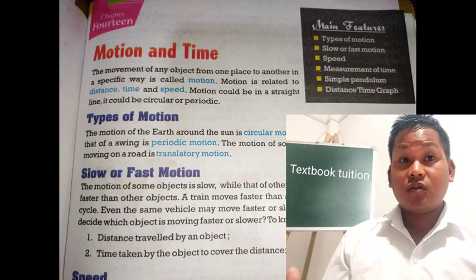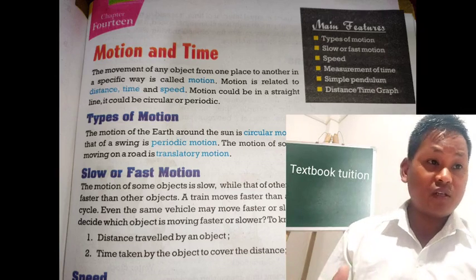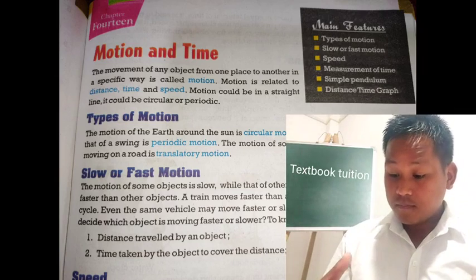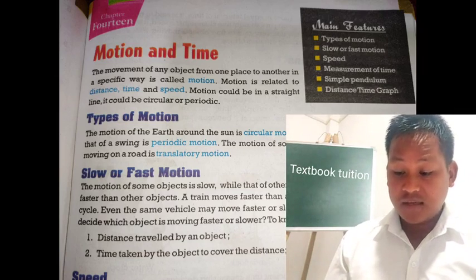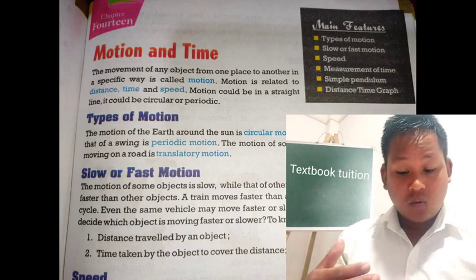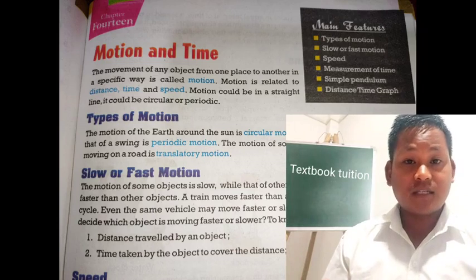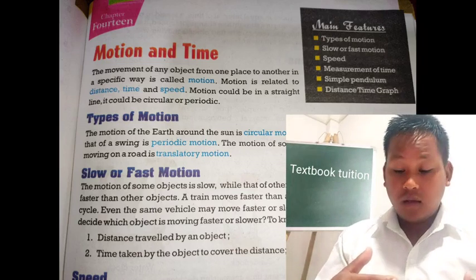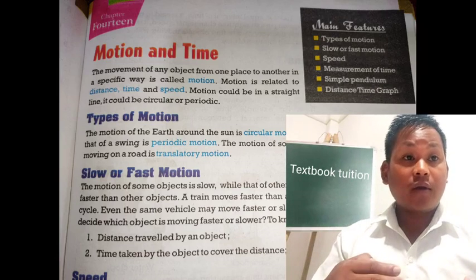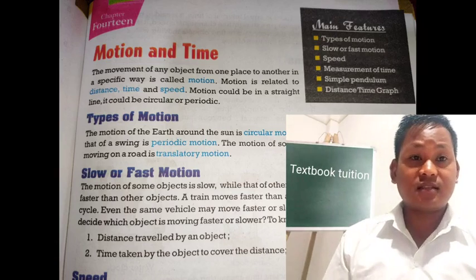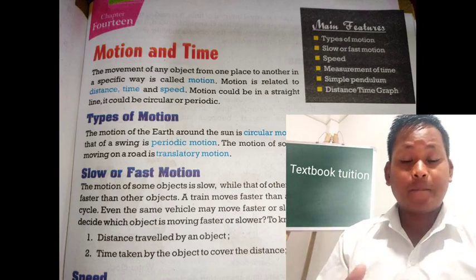One, the distance traveled by an object. An object moves or travels, what is the distance? We have to know the distance.